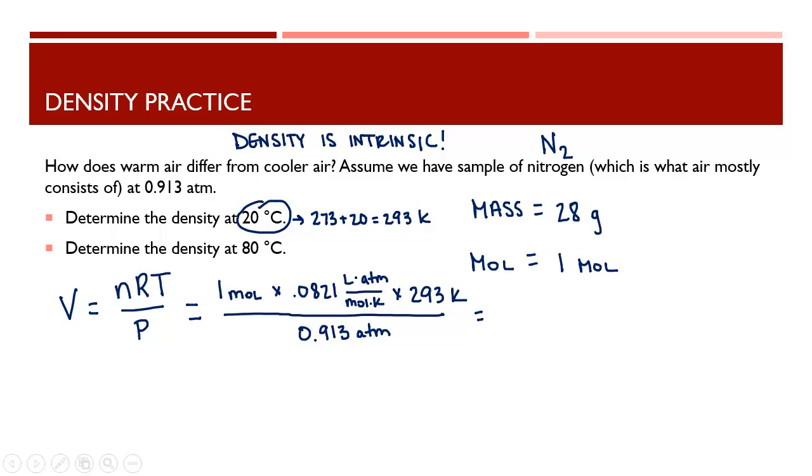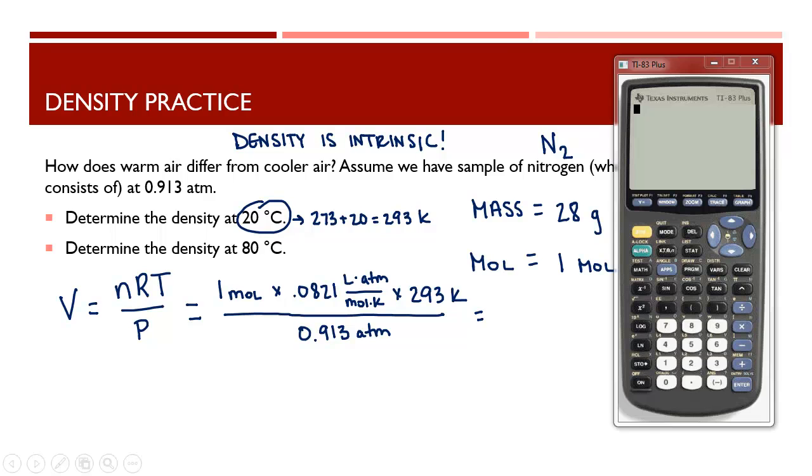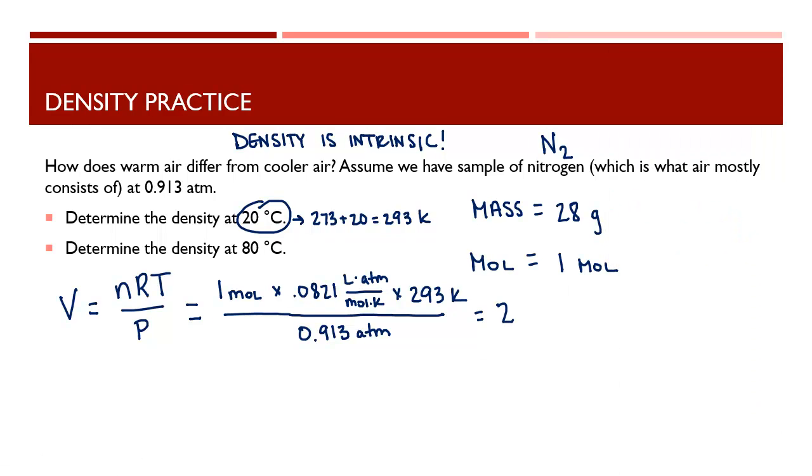We're going to type all of this into a calculator here. We have 0.0821 times 293 divided by 0.913, and I get 26.35. We'll go 26.3, and that unit is liters. So now I can calculate my density.